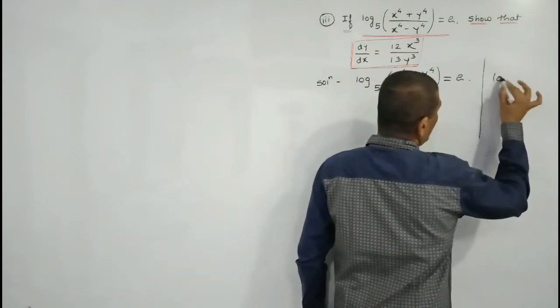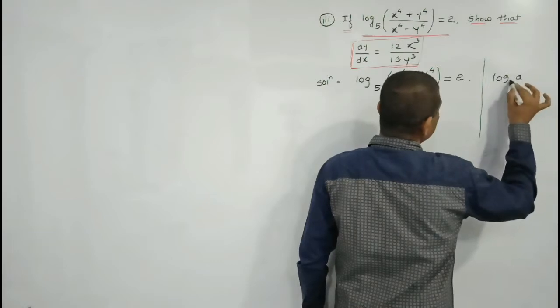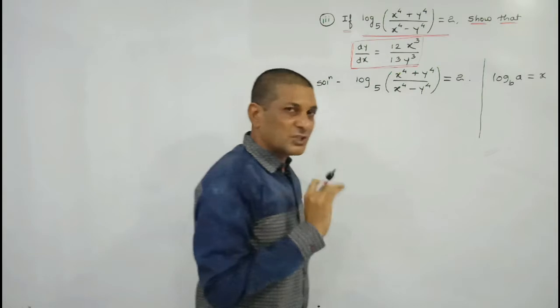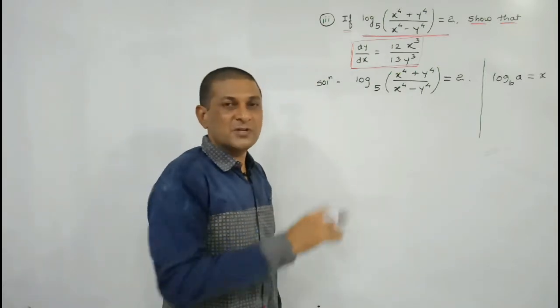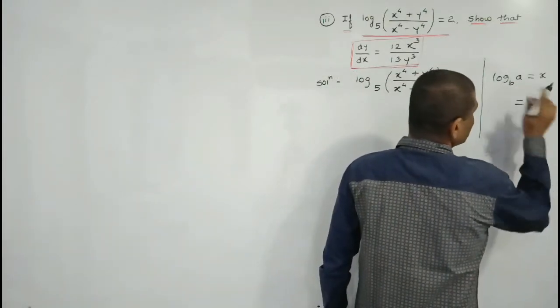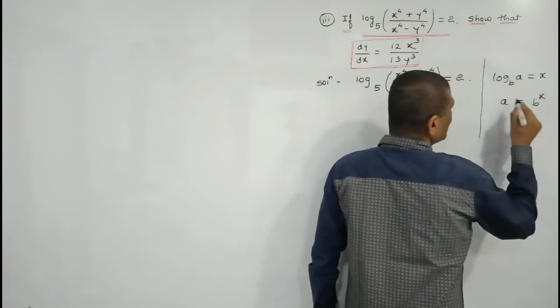So log of a to the base b will be equal to x. Such a representation is called the logarithmic form. We are trying to convert it into the exponential form. So what is b here? b is the base, x is the exponent, and a is the number.